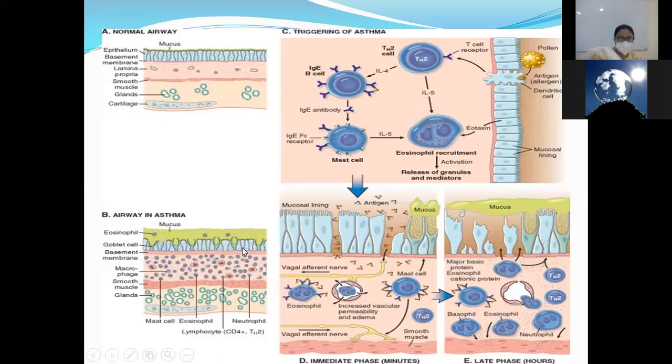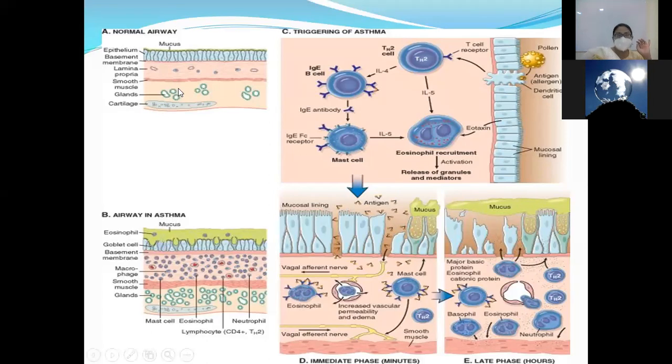There are increased goblet cells. There is increased thickness of the basement membrane. There are increased numbers of inflammatory cells, and increased numbers of eosinophils. Smooth muscle hyperplasia, you can appreciate it. You can differentiate this picture from the normal picture. And there is an increased number of mucus glands.